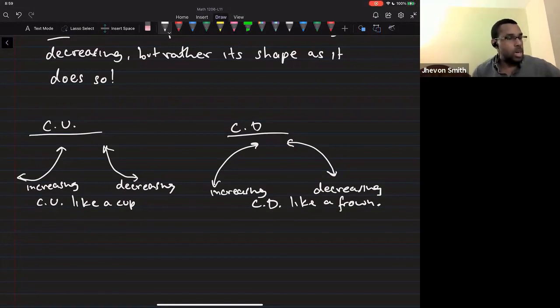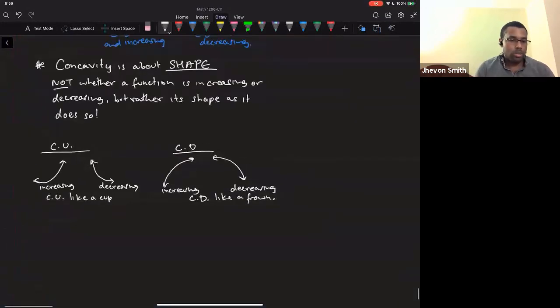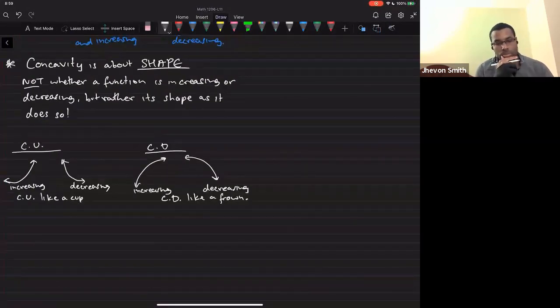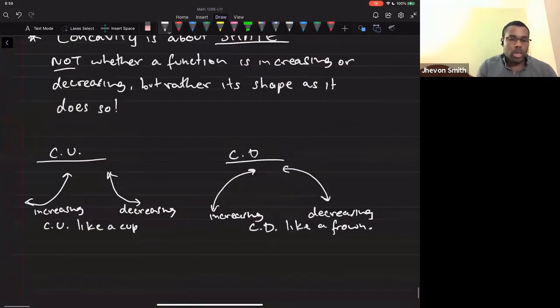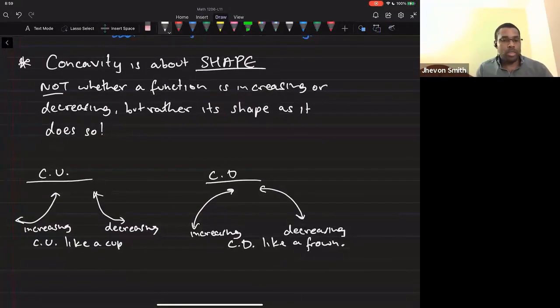I think I'll stop here. I want to tell you about inflection points next time. I'll probably keep this in the same notes and just continue from here. It turns out with concavity, you can talk about this property called inflection, which is pretty much when you switch concavity.